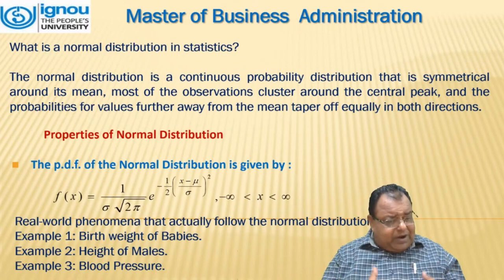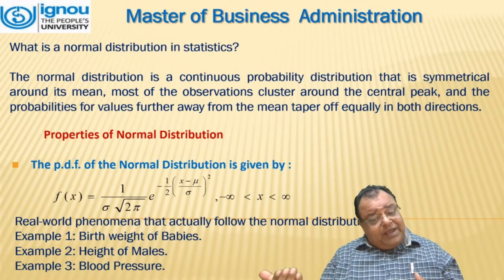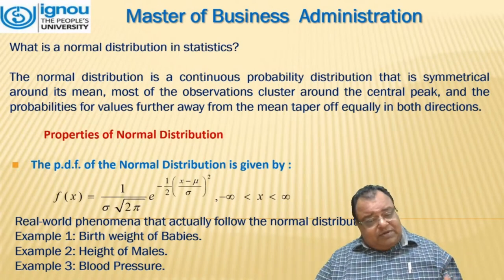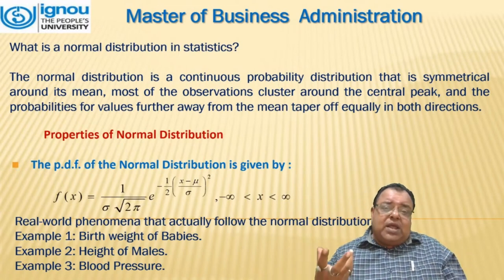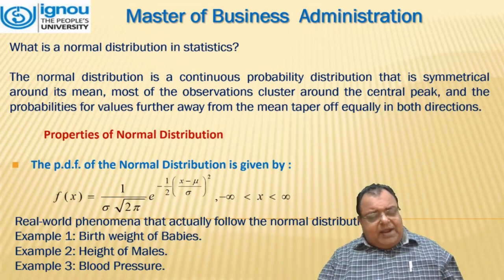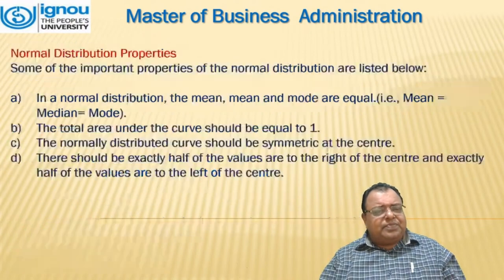You have to remember x minus mu upon sigma will be equal to z when we will be calculating numericals related to normal distribution. Now the question arises, where is this normal distribution actually applied? Birth weight of babies, height of males, blood pressure in your medical analysis.